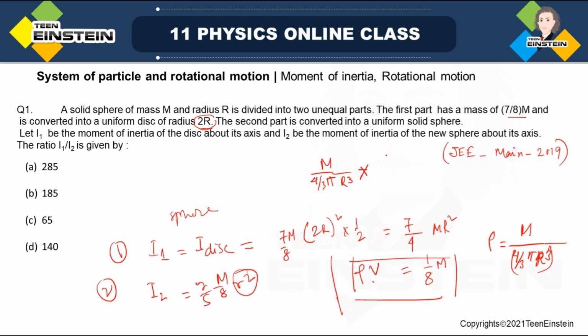If we multiply by the volume, 4 by 3 pi small r cube, we get the mass of the sphere.